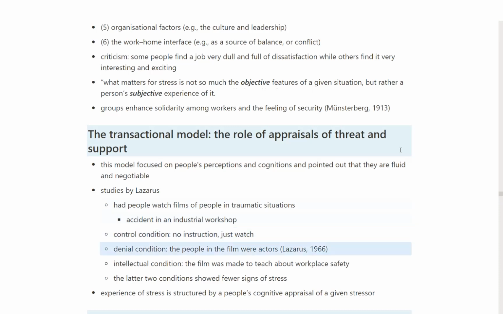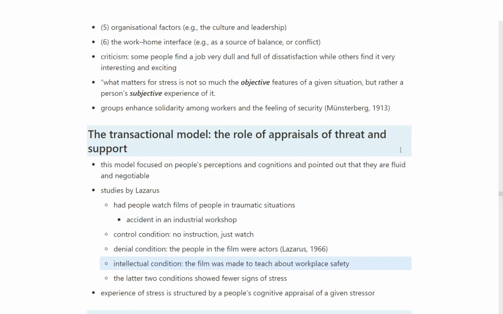And the second condition, the denial condition. In this condition, the participants were told that the man in the film was an actor. So there was no actual traumatic situation, but this guy is just pretending that he's injured. Okay. And the third condition, the intellectual condition. The film was made to teach about workplace safety.